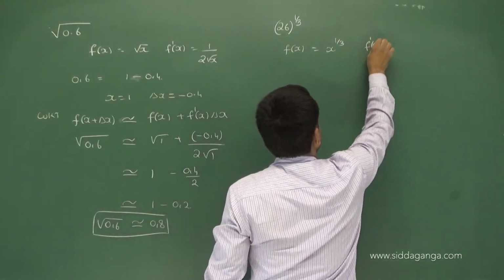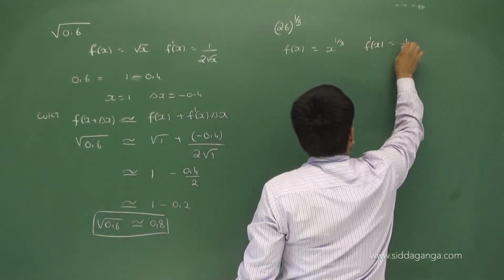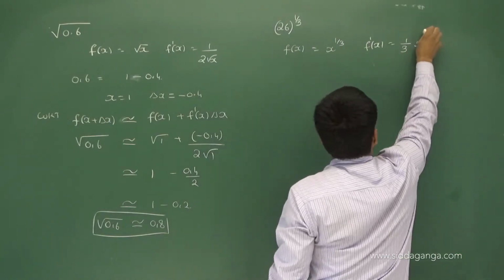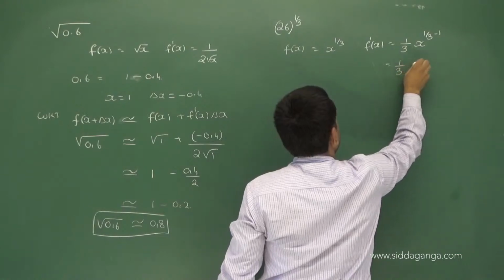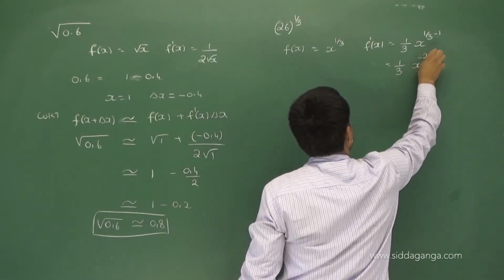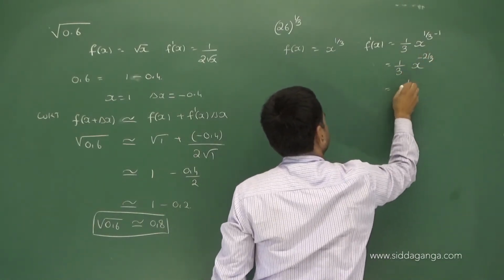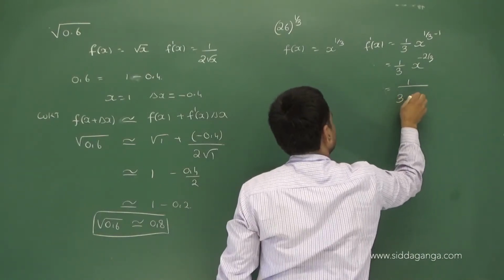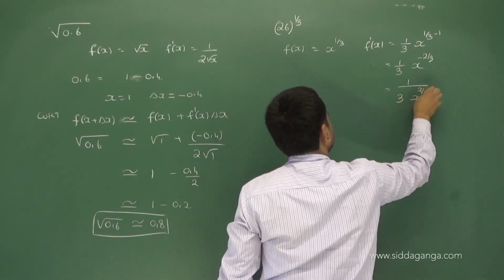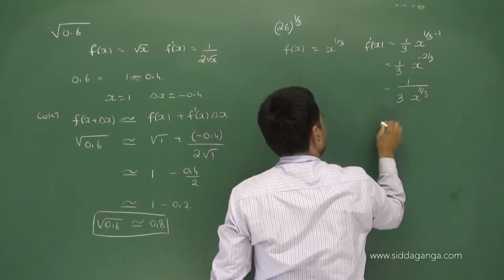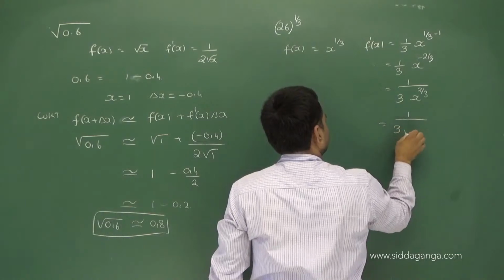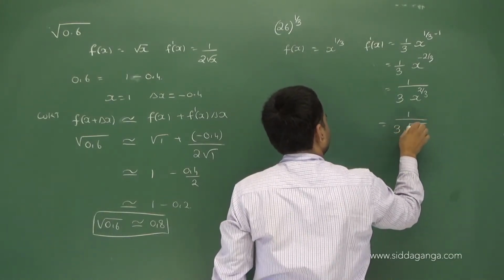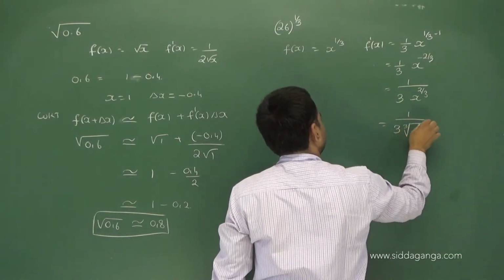Carefully differentiate. F dash of x is 1 by 3, x to the power 1 by 3 minus 1, 1 by 3, x to the power minus 2 by 3. Observe here, I shift x to the power 2 by 3 from numerator to denominator. So 1 by 3 into cube root of x square.